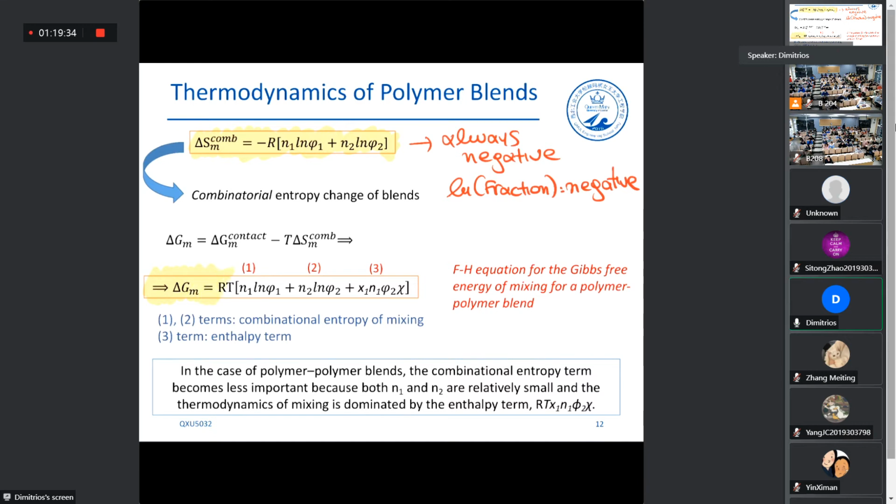is the Flory-Huggins equation for the Gibbs free energy of mixing for a polymer blend. I want you to remember this equation. In this equation, we have three terms, as you can see.